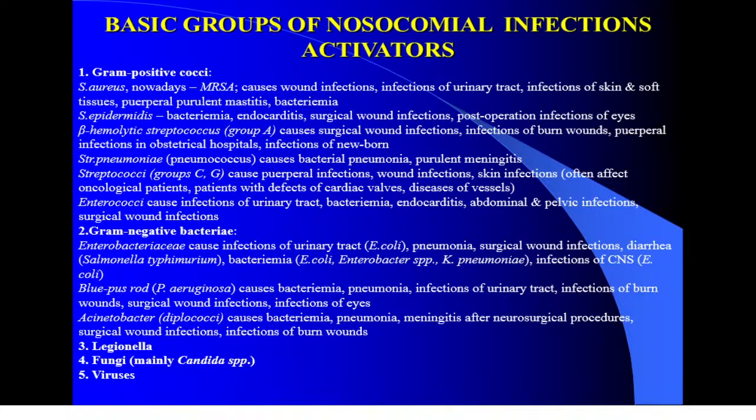Enterobacteria cause infections of urinary tract, for example, Escherichia coli, pneumonia, surgical wound infections, diarrhea, Salmonella typhimurium, bacteremia, Escherichia coli, Enterobacter, Klebsiella pneumoniae. Pseudomonas aeruginosa causes bacteremia, pneumonia, infections of urinary tract, infections of burn wounds, surgical wound infections, infections of eyes. And Legionella, fungi, mainly Candida species, and viruses.